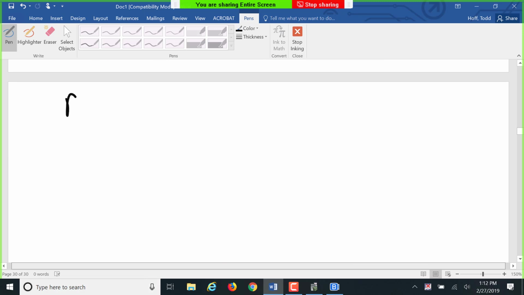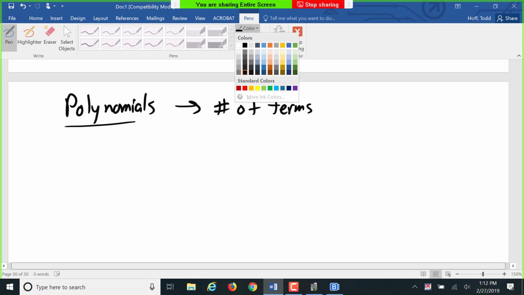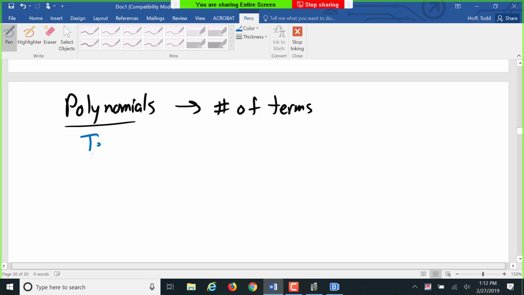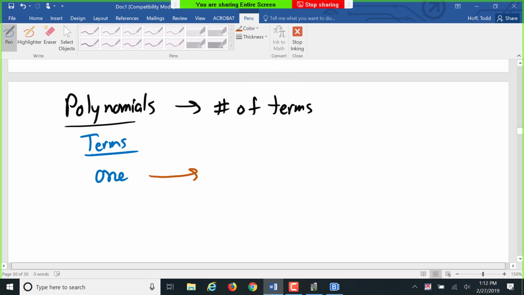So, our polynomials can be named by the number of terms. A polynomial with one term is referred to as a monomial.